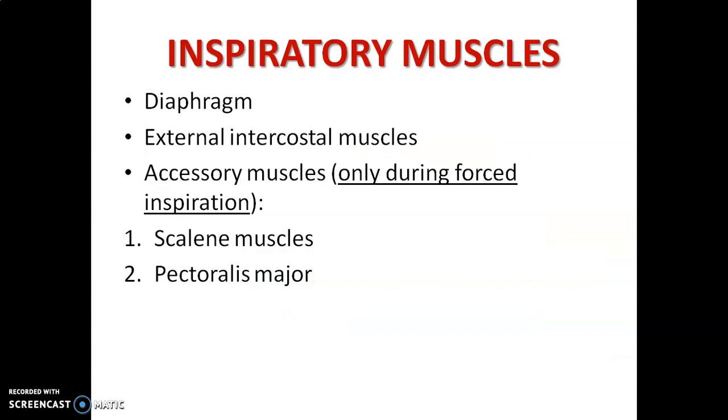Coming to inspiratory muscles, they include the diaphragm, external intercostal muscle, and accessory muscles, which include scalenus muscle and pectoralis major muscle. We already studied the diaphragm, and the scalenus muscle and pectoralis major muscle in our last semester.